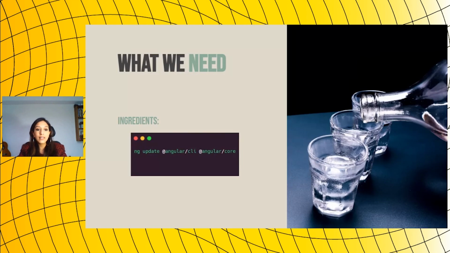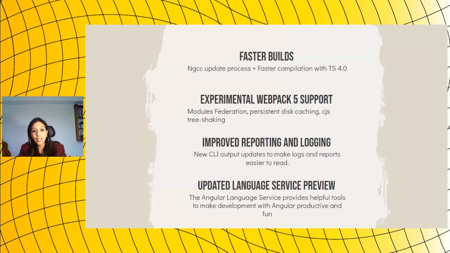All you need is just the schematic ng update, and you will update your application to the last version, which will improve performance out of the box every time. There is some work done by the Angular team regarding the performance of your application, the bundle size, the build time, etc. So you will get this optimized out of the box without having to do anything. So get up to date.